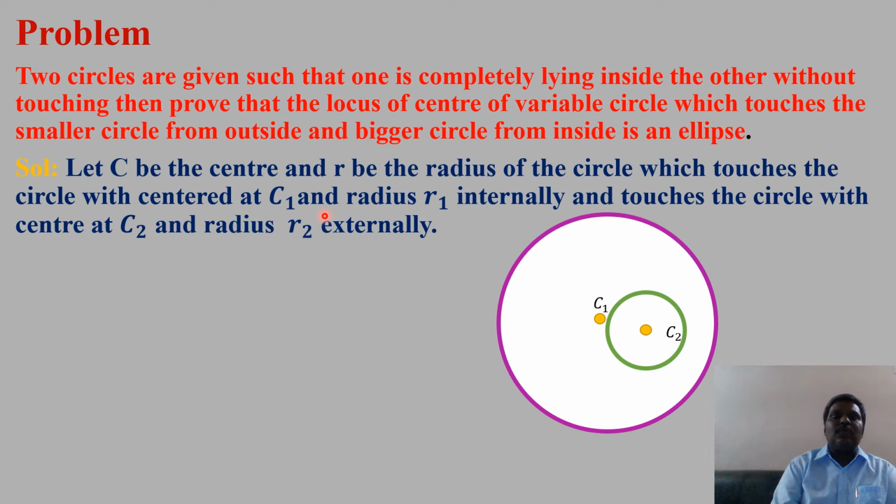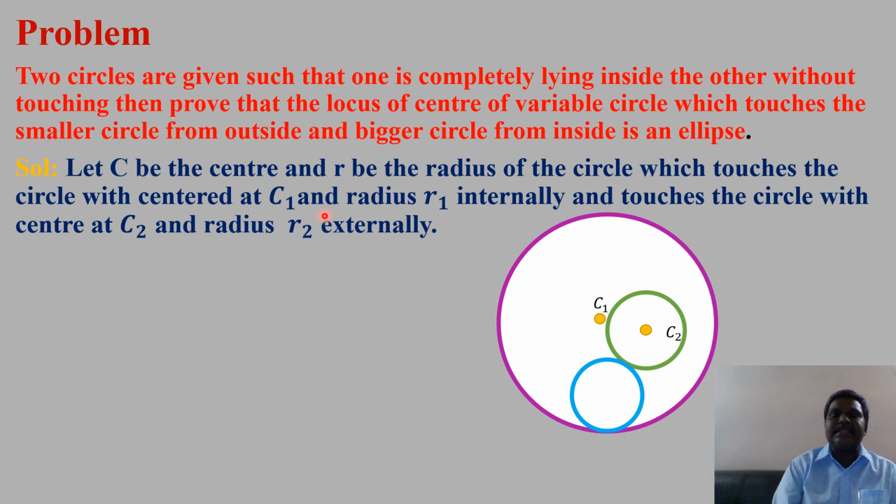Now what is the question here? You have to find the locus of the center of circles which touch the largest circle internally and the smallest circle externally, and show it is an ellipse. Let us see one such circle. Observe clearly. This is the circle which touches the largest circle internally and the smallest circle externally.